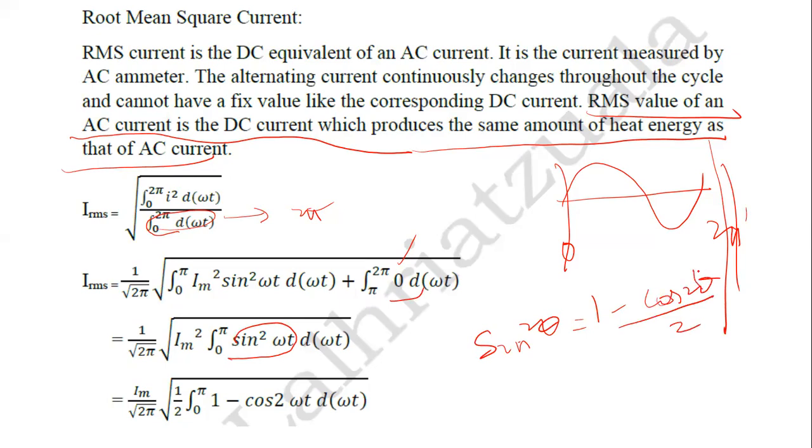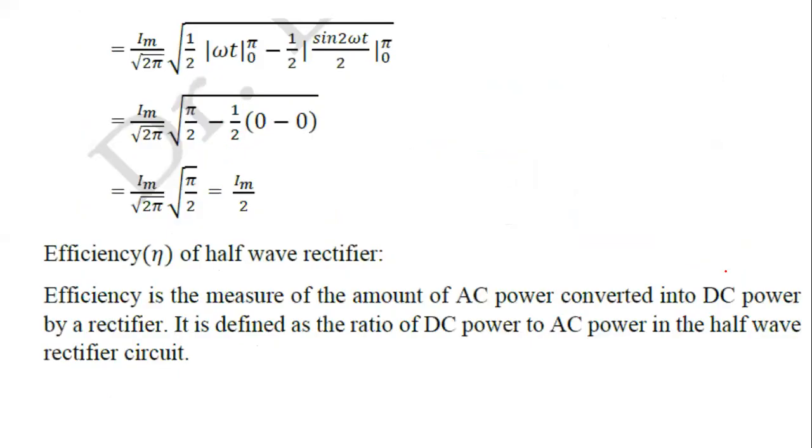If you follow the trigonometric formula and perform the integration, this is what you get: I_m upon 2. So your I_RMS, the root mean square current, is the peak value of the current divided by 2 in this half-wave rectifier.